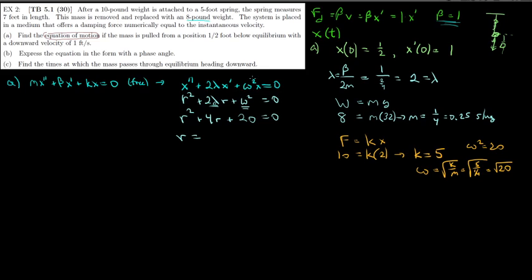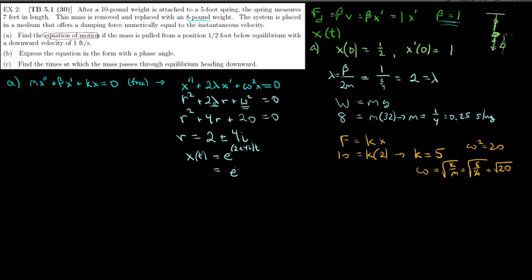I'll spare you the details. You just use the quadratic formula. You get 2 plus or minus 4i. And remember, that means x as a function of t is going to be e to the power 2 plus or minus 4i times t.